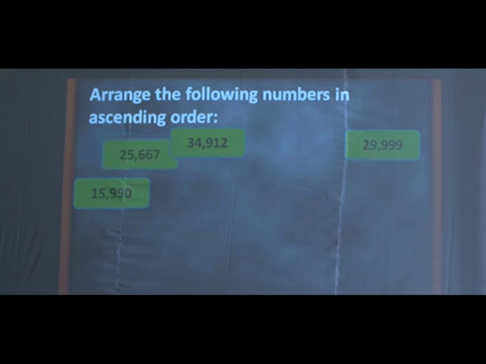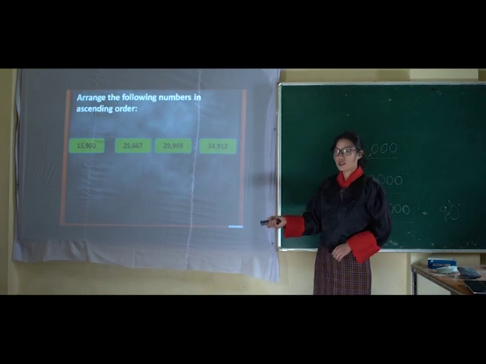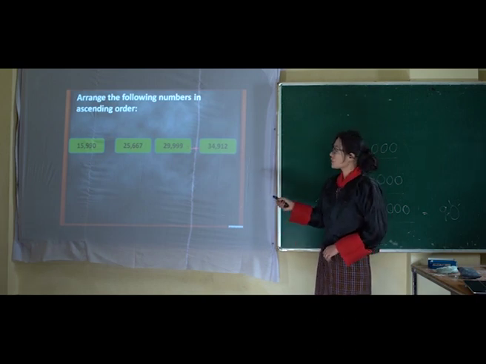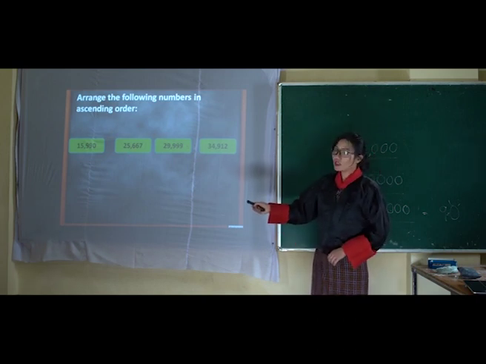So this one is the least, right? Among these two, compared to these two, which is the smaller number? 29,999 is the smaller number, right? And finally, the greatest of all is 34,912. So this is how you arrange from least to greatest in ascending order.